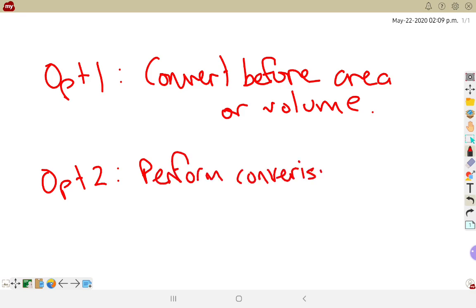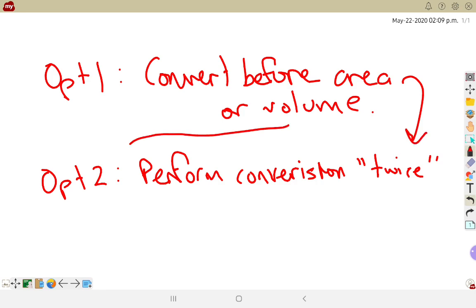It works twice if we are doing area, but if we are doing volume, we must do it thrice, or 3 times. And that's because our units are then cubed, which means each side would have had to have been multiplied to its other, or converted to its other unit. So there would be 3 sides to convert, so the conversion must happen 3 times. Okay, so that's where knowing the exponent, or your units and your exponent on your units, becomes helpful.